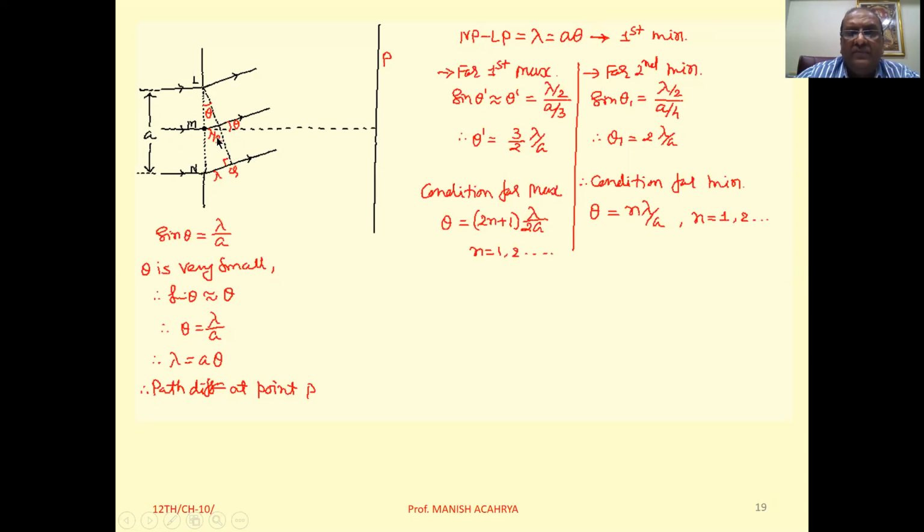So they produce destructive interference, and so the intensity will be 0.